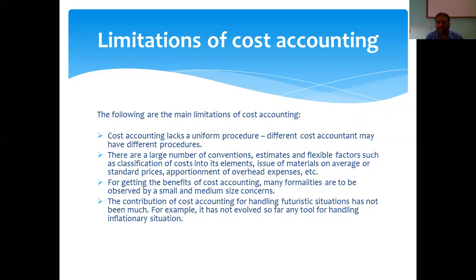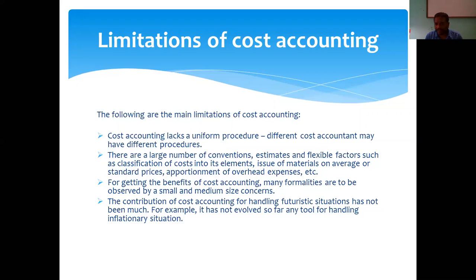Whereas the government, when it wants to build bridges, dams, canals, roads, approaches contract costing. That means various industries have various different costing techniques and methods. So the cost accountant should have thorough knowledge of how to prepare the various procedures and which is suitable for their company.